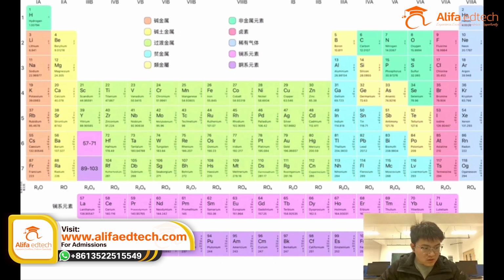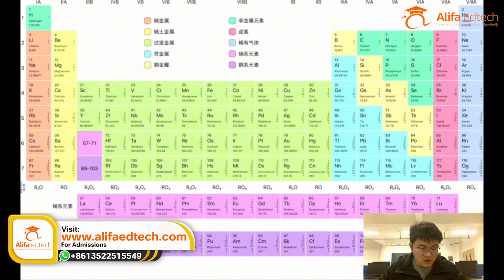Corresponding to A, B, C, D among the four options, in A, hydrogen, lithium, and sodium are in the first vertical column of the periodic table respectively. Then indeed they belong to the same main group. B, carbon and oxygen belong to the same row.